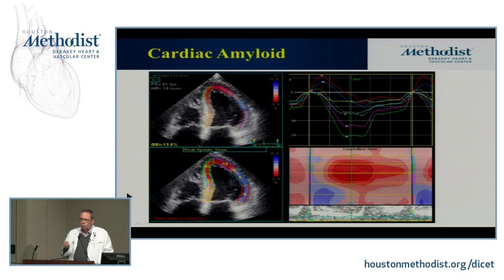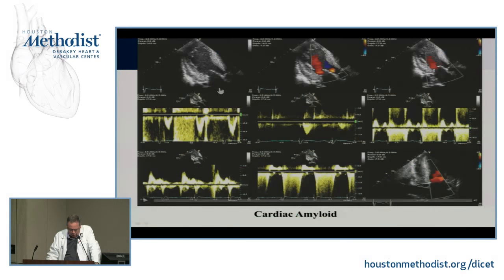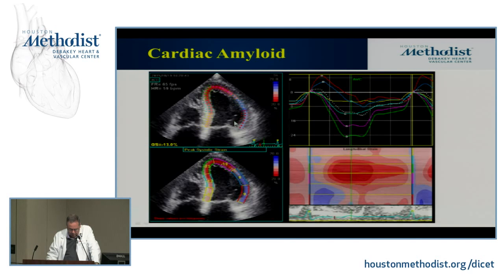Now, I want to also talk about this because more recently, there has been literature on speckle tracking helping us with cardiac amyloidosis because the apical segments do appear to contract better than the basal segments.